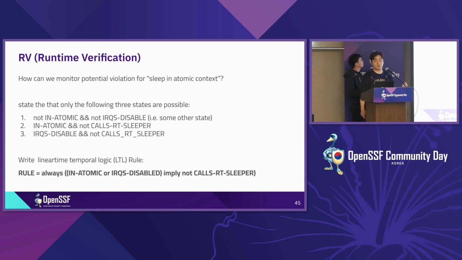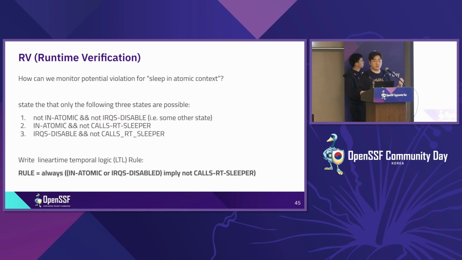We can define the allowed states for a task: not in atomic context; in atomic context with interrupts enabled but not calling RT sleepers; and interrupts disabled but not calling RT sleepers.